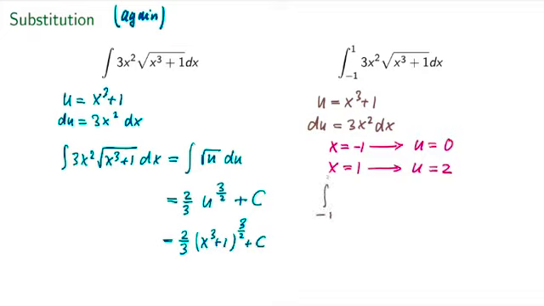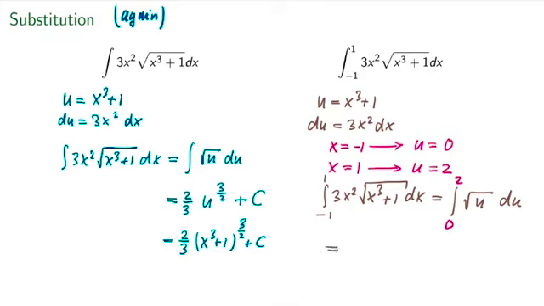The integral from -1 to 1 of 3x squared square root of x cubed plus 1 dx is equal to the integral from 0 to 2 of square root of u du. What I indicated in red here has changed compared to the other case on the other side.